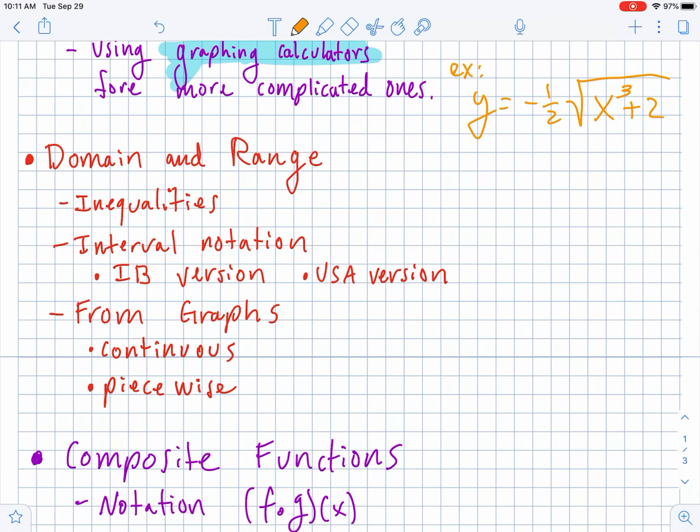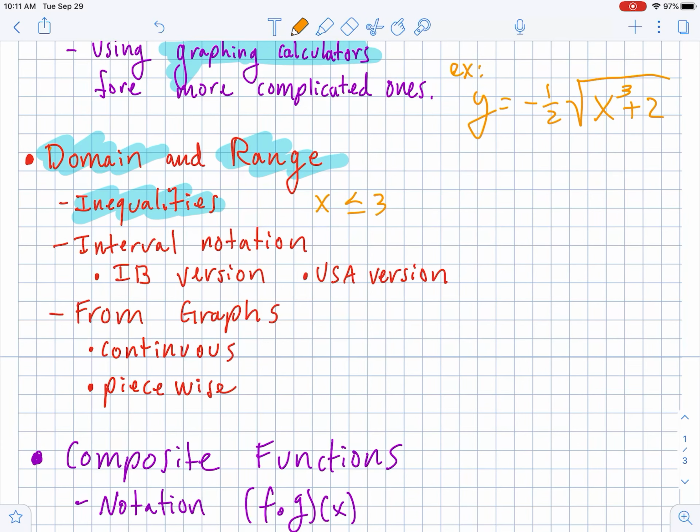A big topic that people always struggle with in this unit is domain and range. Remember, domain is all about your inputs and range is all about your outputs. When it comes to domain and range, we talked about inequalities, for instance, x is less than or equal to 3. But then we did two different versions of interval notation.